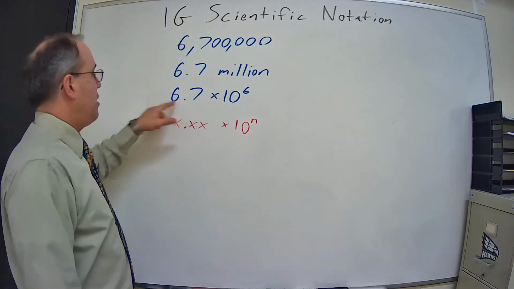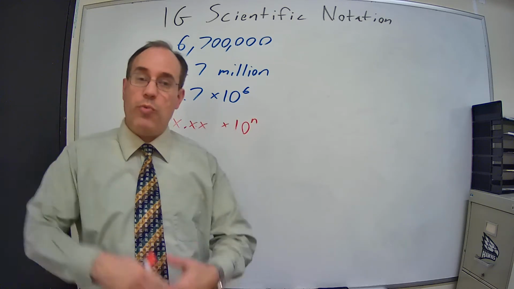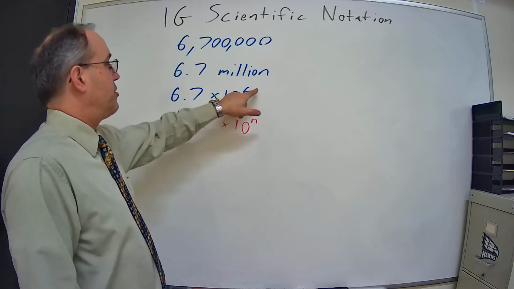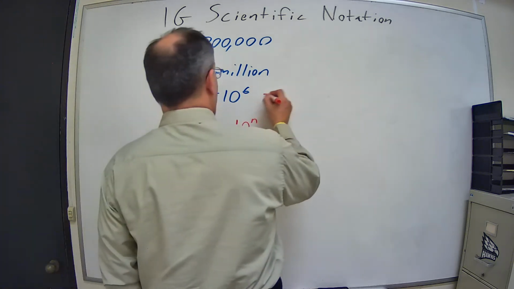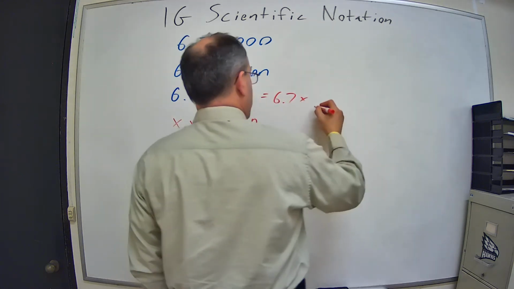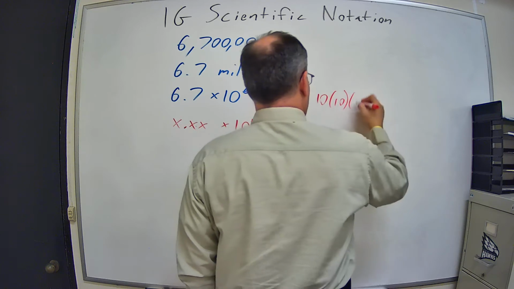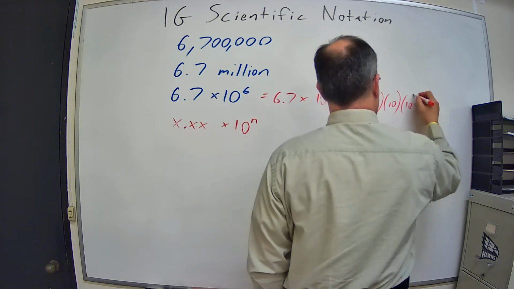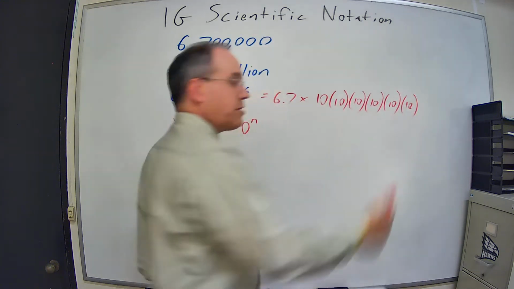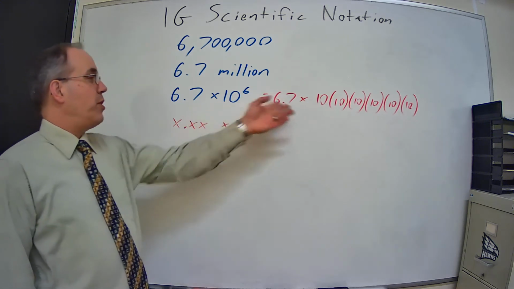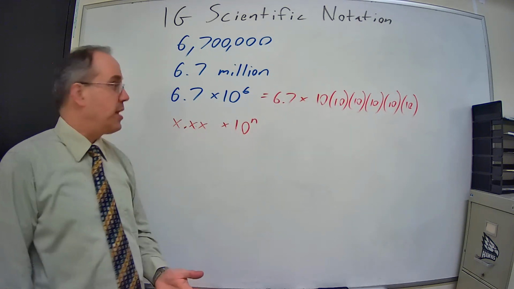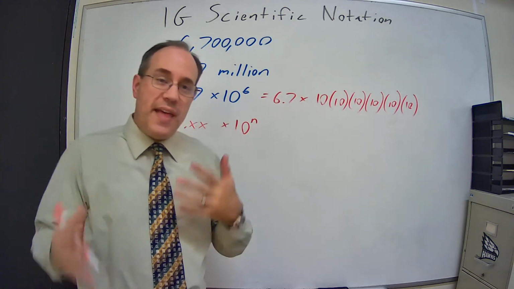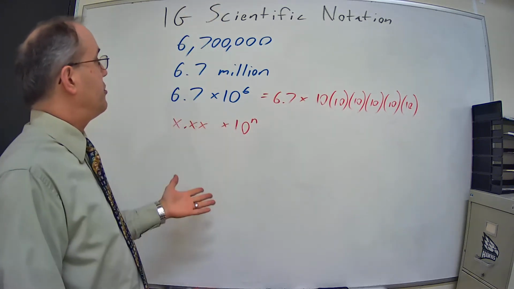So in this case, we're saying 6.7, a number between 1 and 10, times 10 to the 6, which is the same as saying 6.7 times 10 times 10 times 10 times 10 times 10 times 10, 1, 2, 3, 4, 5, 6 of them. When we multiply that out, we get 6,700,000.